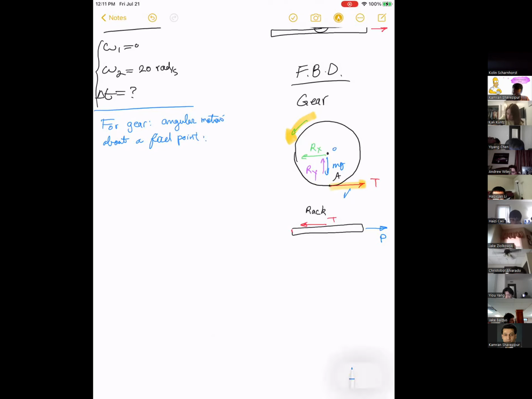If that's the case, I'm going to say H about O initially plus summation of moments about O integration dt is H about O finally. This is the principle of angular impulse and momentum.